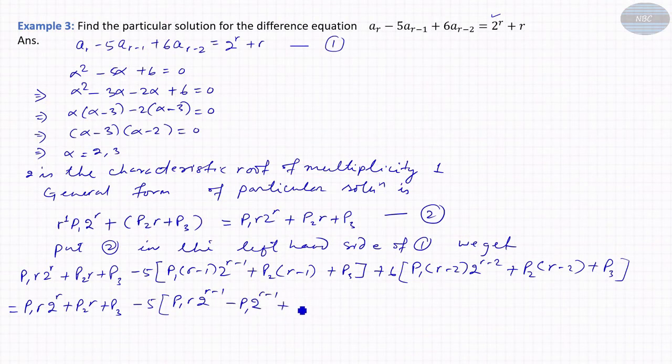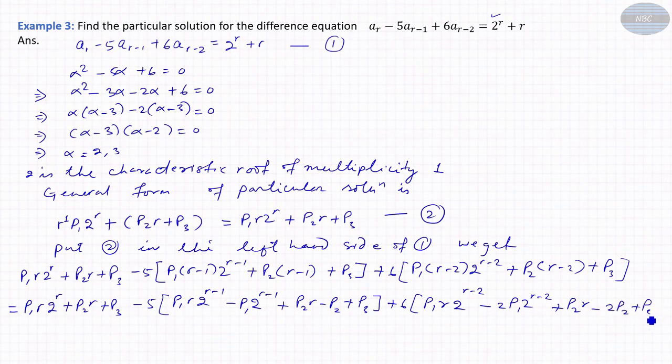Similarly, simplify the term: p2 r minus p2 plus p3, plus 6. Open this parenthesis. We get p1 r 2 to the power r minus 2 minus 2 p1 2 to the power r minus 2 plus p2 r minus 2 p2 plus p3.